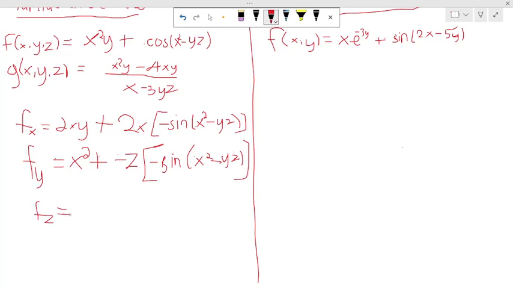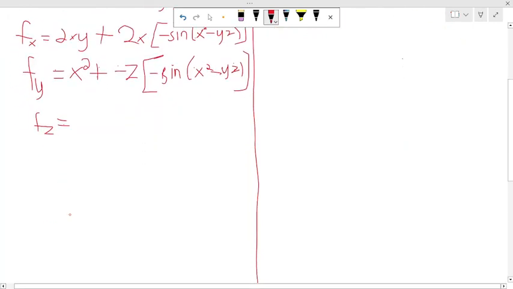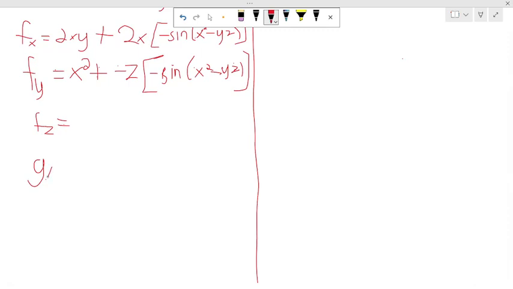Now let's move on to the second example. With the second example, we have a function, and that function is represented with a fraction with two expressions. The numerator is x squared y minus 4xy, and the denominator is x minus 3yz. Now let's consider the partial derivative of g with respect to x.